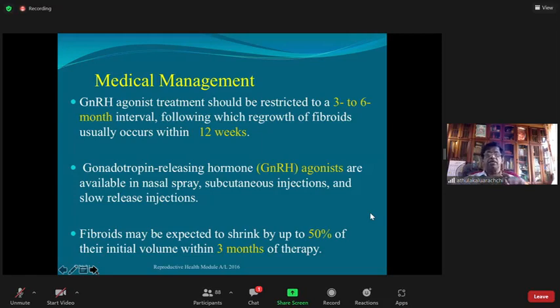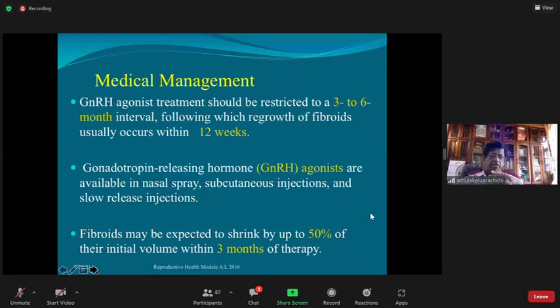With that, you can create a hypoestrogenic environment. With this hypoestrogenic environment, of course, fibroids can get smaller. Okay, I told you they won't disappear. But the important thing with using these GnRH analogs is you can't use them for long periods of time, because of their effects on the bone, it can cause osteopenia. It creates an artificial menopausal status.